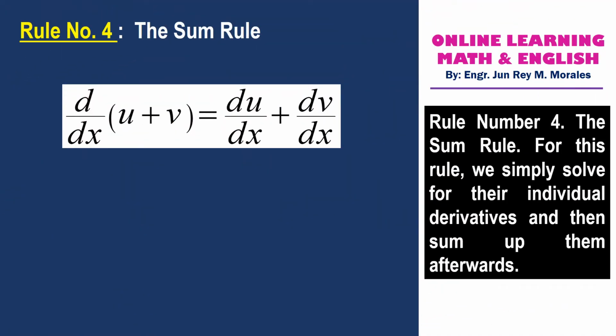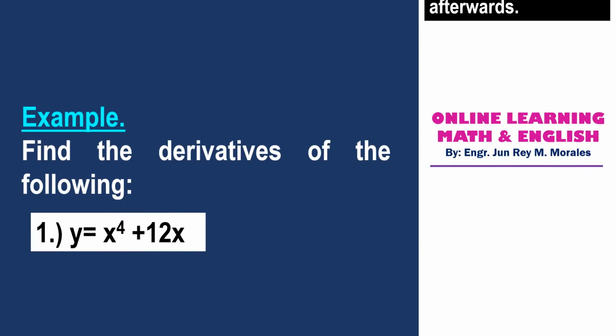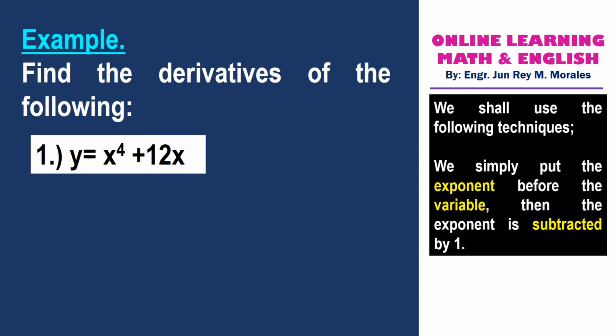Rule number 4. The sum rule. For this rule, we simply solve for their individual derivatives and then sum them up afterwards. Let's have some sample problems for the sum rule. Find the derivatives of the following function. We shall use the following techniques.